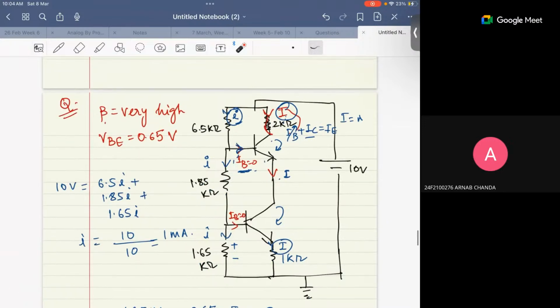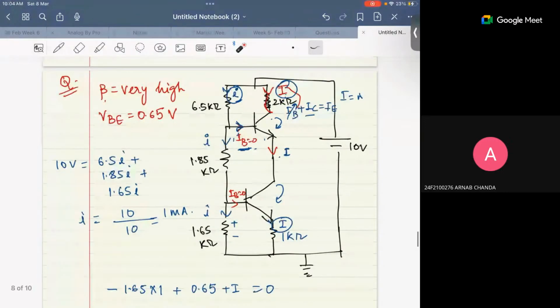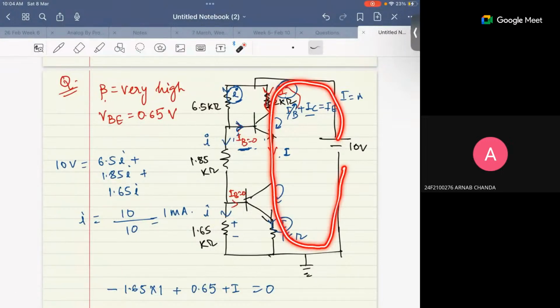If we consider the right side branch completely, starting from 15 volt, 10 volt to the ground, right? No, we can't use it now. We don't know the VC, the junction voltage, right? That's why we are not using it. VBE I know. That's why I used it here. VBE was given, right?